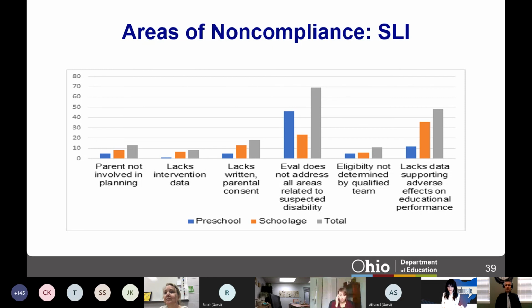Parents not involved in the planning, no intervention data. Some of them didn't even have parent consent, which is really a problem. The evaluation wasn't addressing all the areas related to the suspected disability. The eligibility wasn't determined by a team. It was sometimes just the speech pathologist and parent, or the speech pathologist and a district rep. And then, of course, we've already talked about no data for adverse effect.